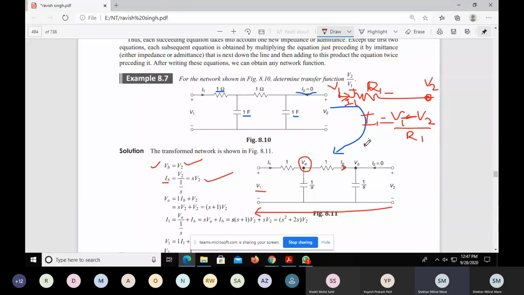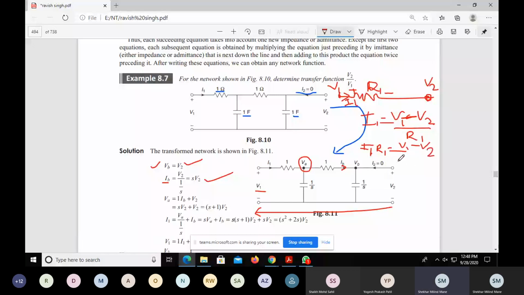Okay, so I1 into R1 is equal to V1 minus V2.